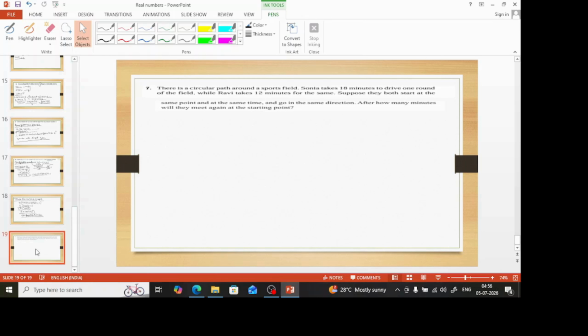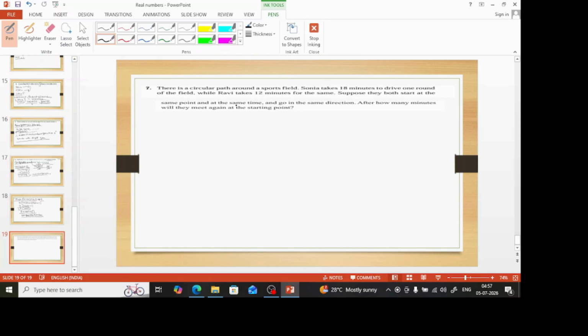We can calculate in this question either LCM or HCF of 18 minutes and 12 minutes. If we calculate the HCF of 18 and 12, we will get 6.